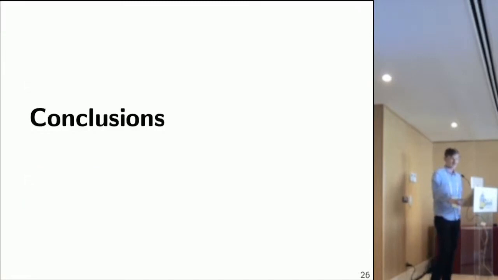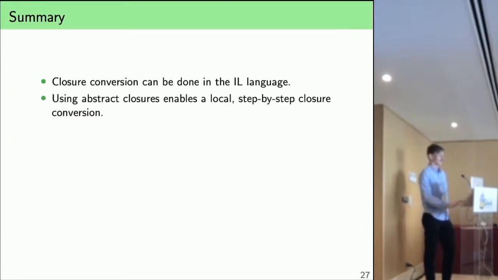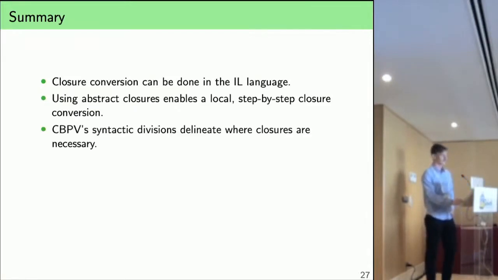To wrap things up, what we did was closure conversion in the intermediate language using abstract closures in a step-by-step incremental fashion. Call by push value was a nice place to do it because it has one spot where we need to capture closures.